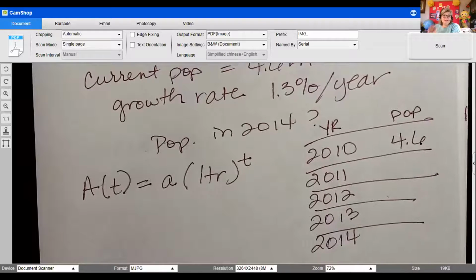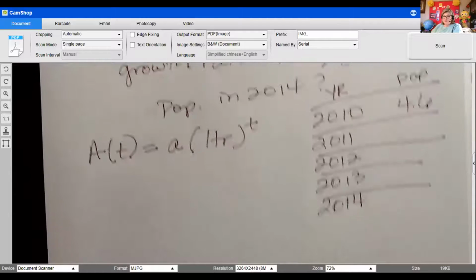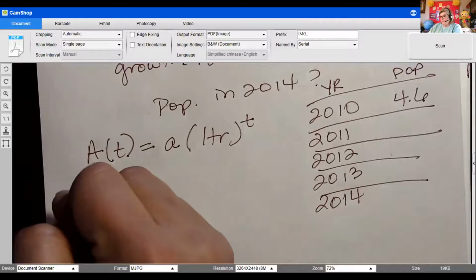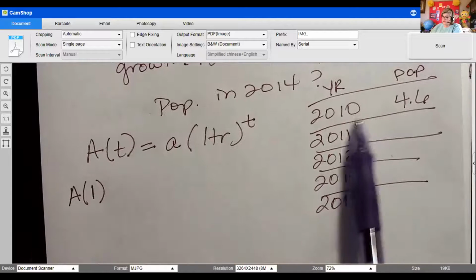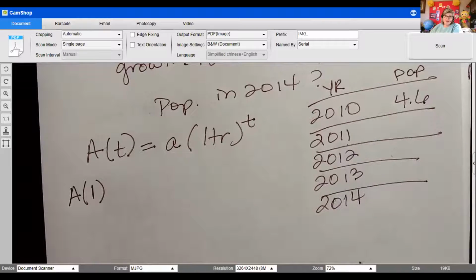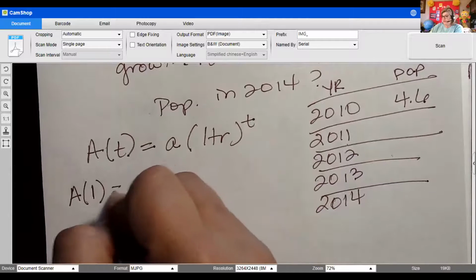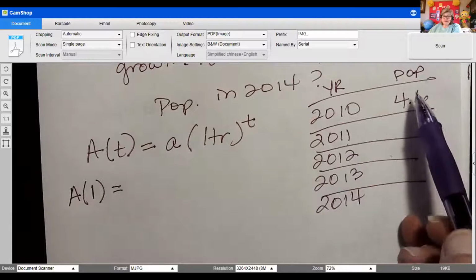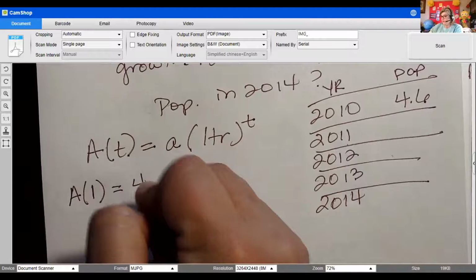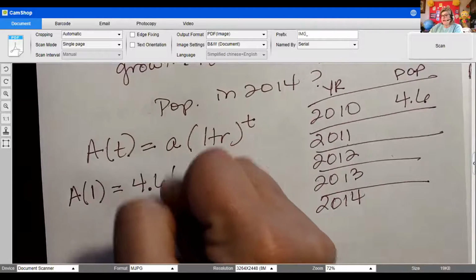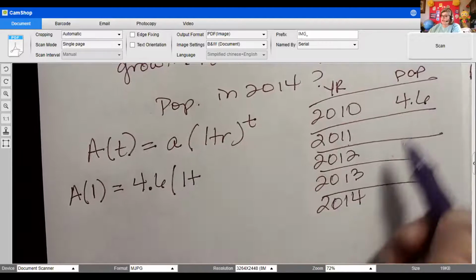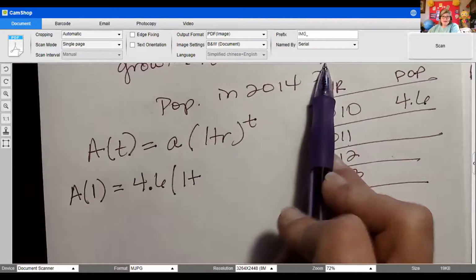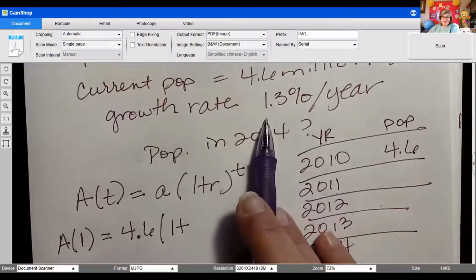And so to do this step by step, we've got A of year 1, which is 2011, equal to the population in 2010, that's your initial amount, 4.6, times 1 plus your growth rate, which was 1.3%.